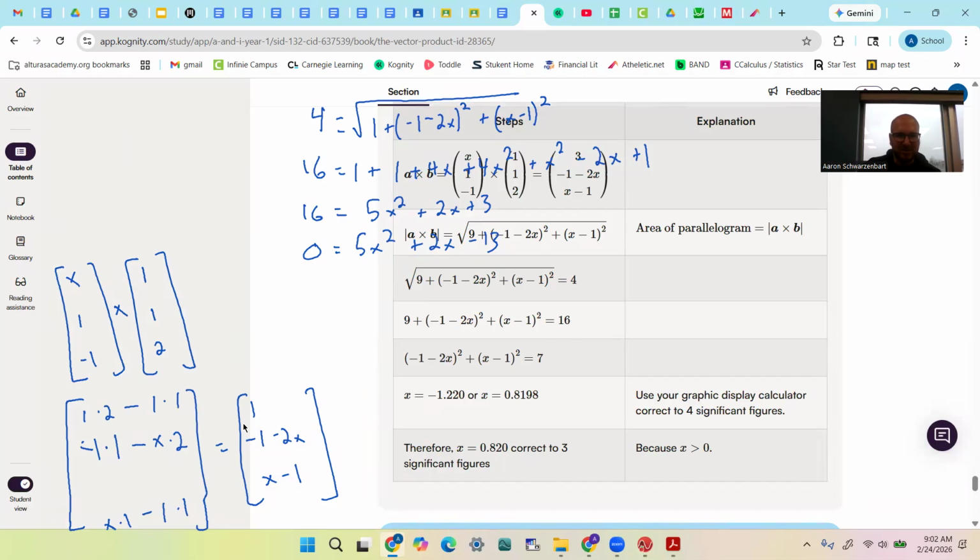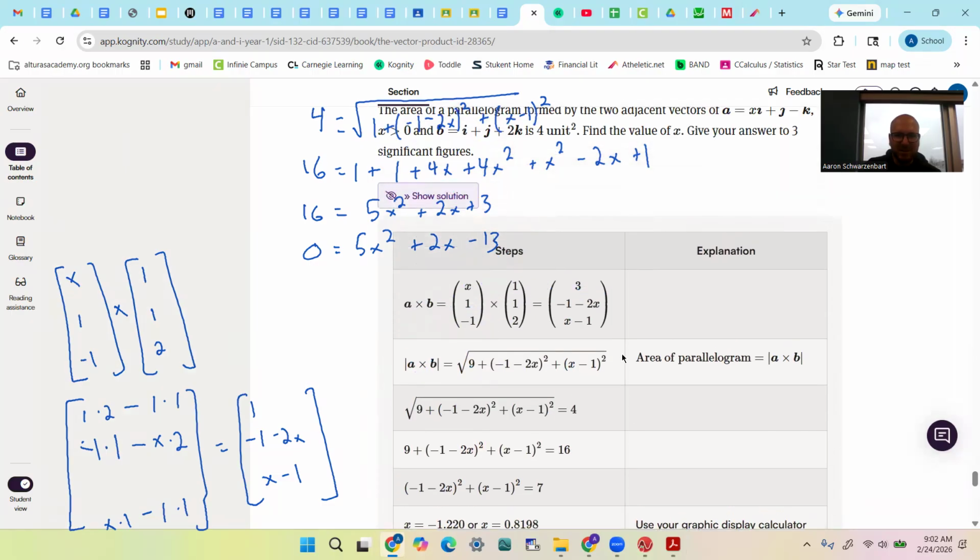Oh, they have a different cross product. That's not the sign. V1, W3. They messed up a sign, yeah. There's got to be it. And so that would change all of these values.